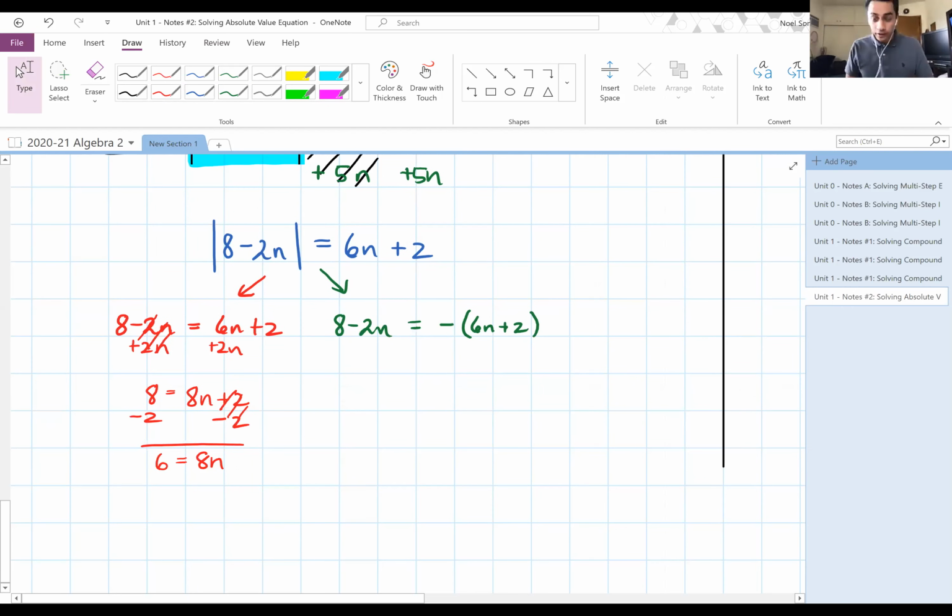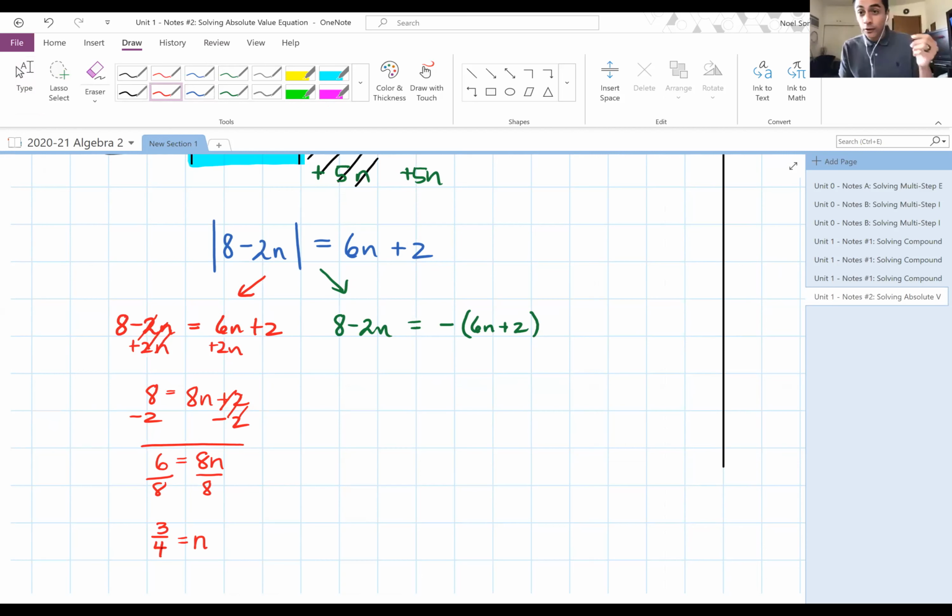We divide both sides by 8. That's all right. We're going to get n is equal to 6 over 8, and here we can reduce that fraction. 6 and 8 can both be divided by 2, so this reduces into 3 over 4. All right. So far, n equals 3 over 4. That's one of my solutions, okay?